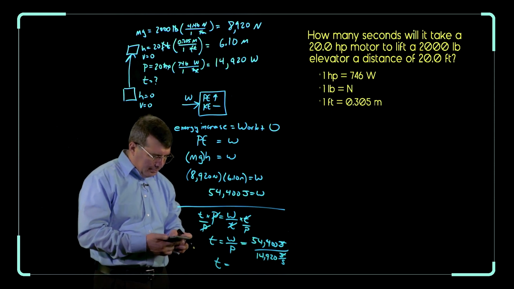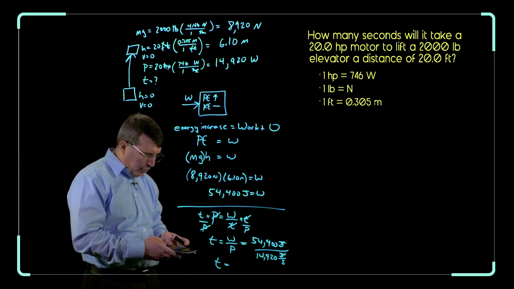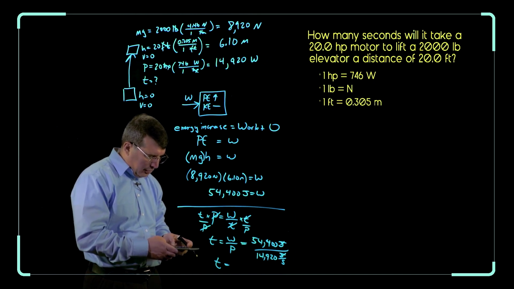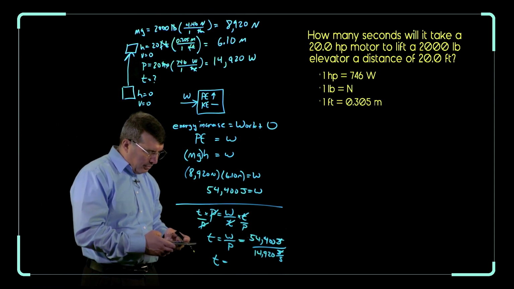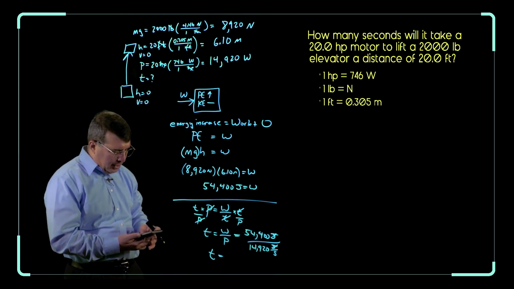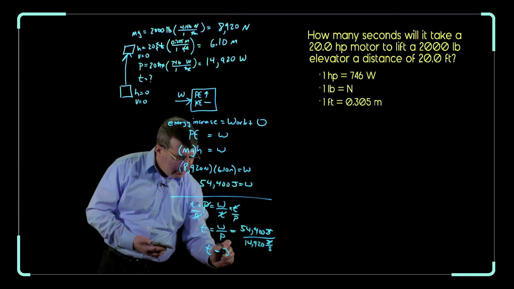Let's get the numbers. 54,400 divided by 14,920, and I get 3.65.